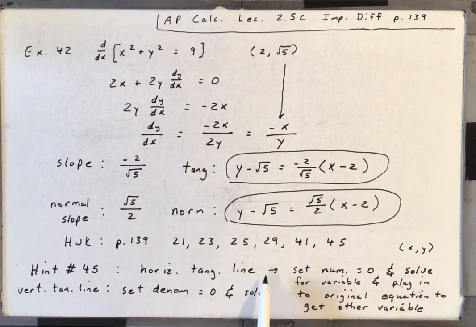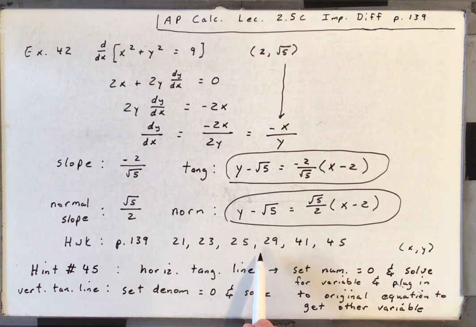Because where the numerator is equal to 0, that's where the whole function's equal to 0. And where the denominator is equal to 0, that's where the function's undefined, and that would give you a vertical tangent line. Okay, so that's the hint for number 45. You haven't seen one like that before. Everything else we had an example problem on.